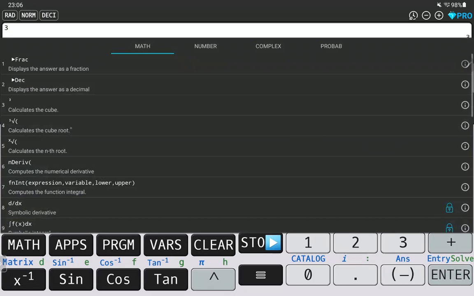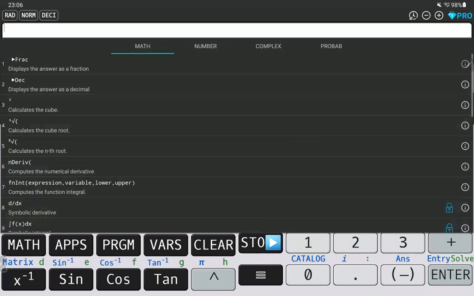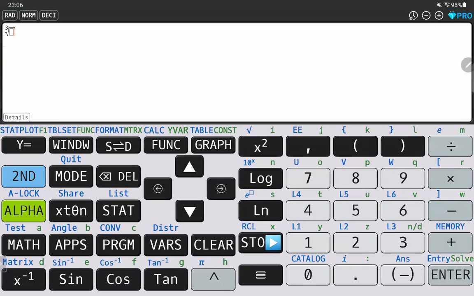Oh, this one actually already has cubed, so we can go back and clear it again, go to math, and find the cubed root.